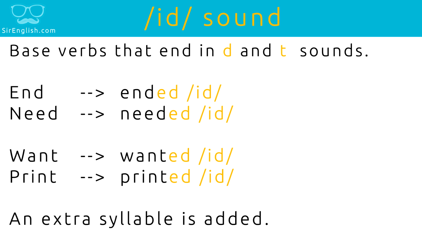Like need becomes needed. So they're the D sounds, and the T sounds. Want becomes wanted, print becomes printed. And as I mentioned, you add an extra syllable to this verb.